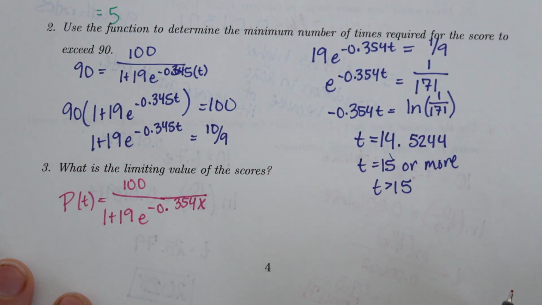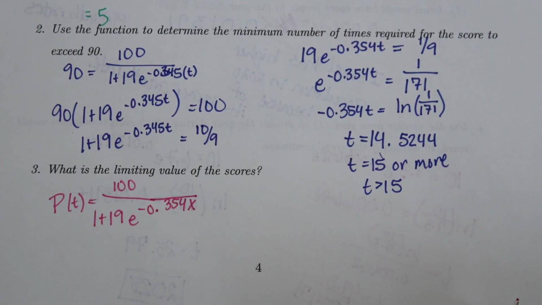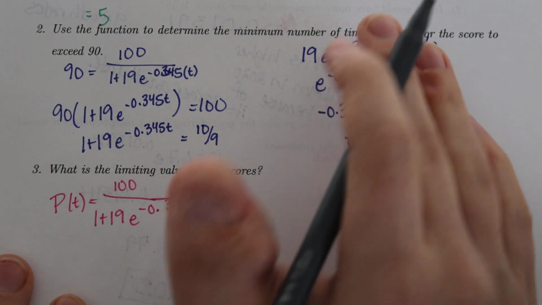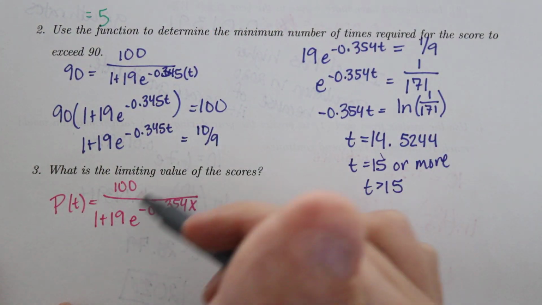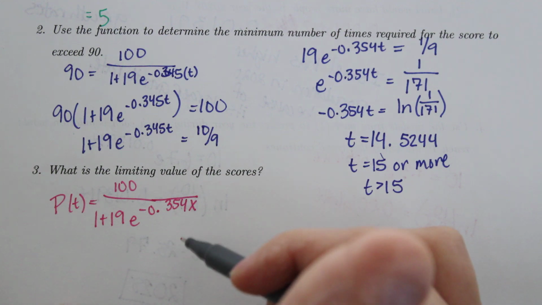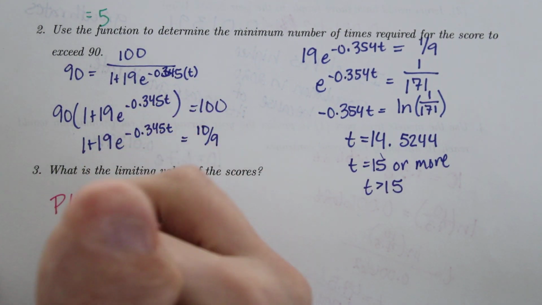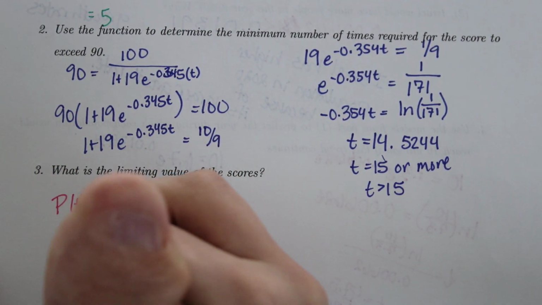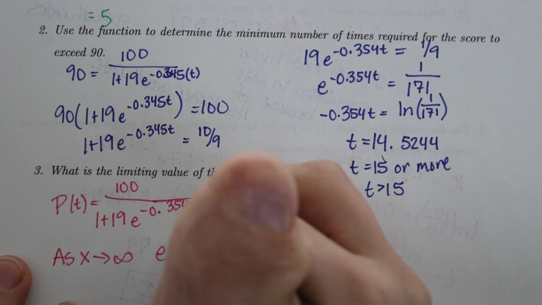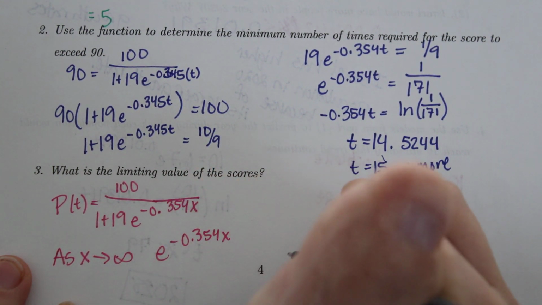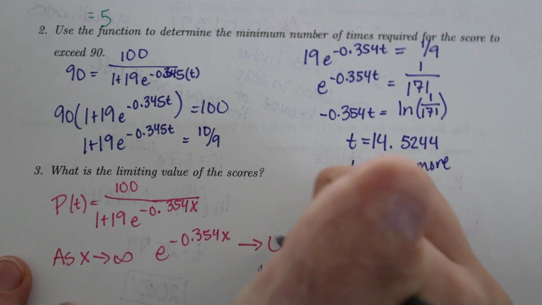So we want to think as x goes to infinity, so as x gets larger and larger and larger, what is its effect on the rest of our function? If we set x huge, it could be any number, what's it going to do to this e to the negative 0.354x? As x goes to infinity, e to the negative 0.354x will go to 0.